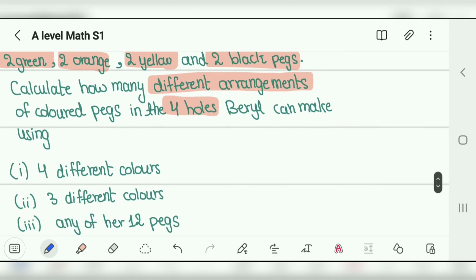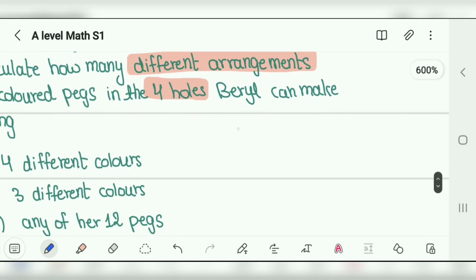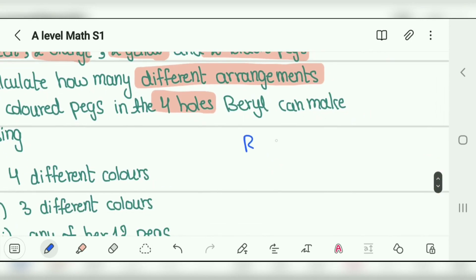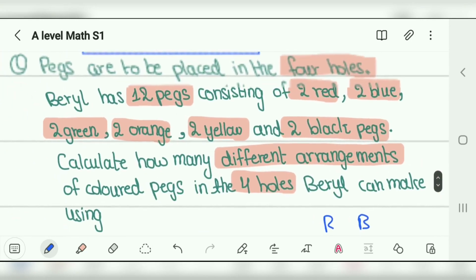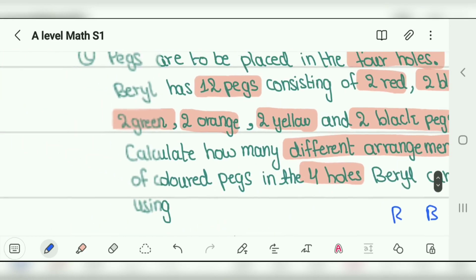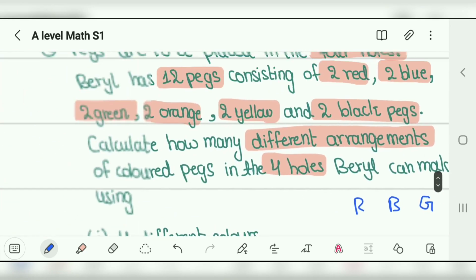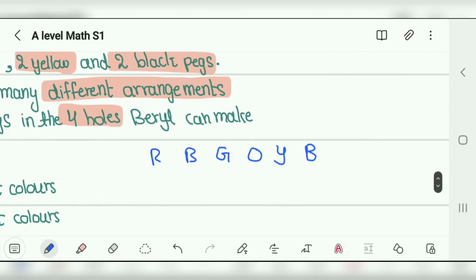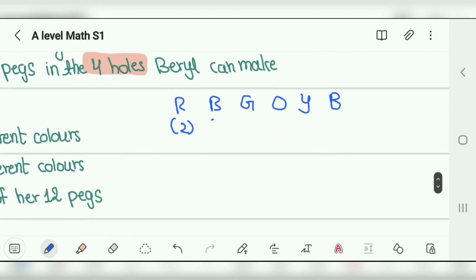Okay. So we have red, blue, green, orange, yellow, and black. They all have 2.